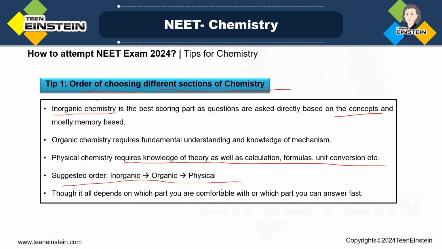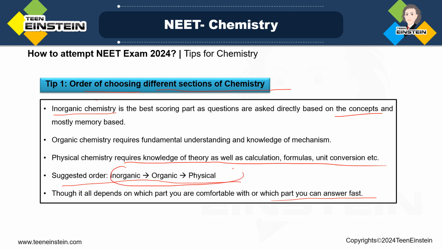But it is important to know that it all depends on which part you are comfortable with, or which part you can answer first, and that depends on you. Nobody can take that decision for you, only you can understand that. So keep faith in yourself and try to understand which part you are more comfortable with. The best way to decide is by practicing some mock tests. Suppose you try inorganic first, then organic, then physical.